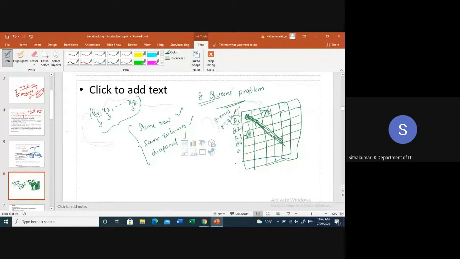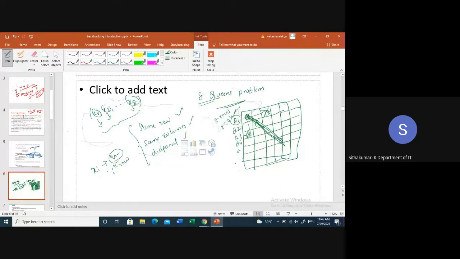You need to identify the x1, x2 up to x8 values. Each xi tells you the column where queen i will be placed in the ith row. The ith row is fixed, but you need to find out the column. That is a solution vector.